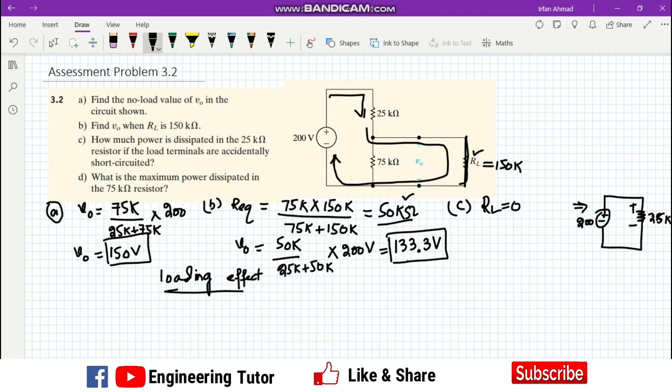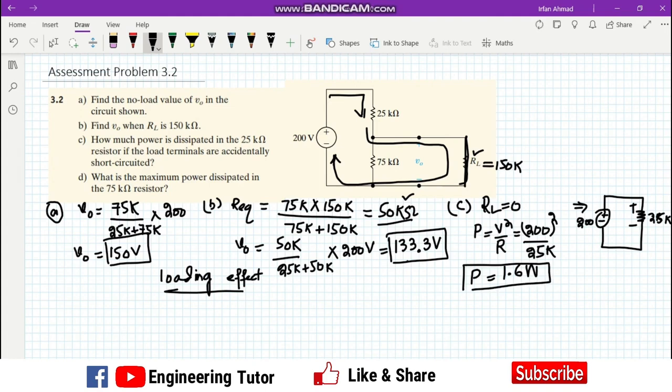The power dissipation across this one will be V square divided by R. V is 200, which is all dissipated across this 25 kilo ohm, and its resistance is 25k. So the power dissipation will be equal to 1.6 watts. So this is the solution of part C.